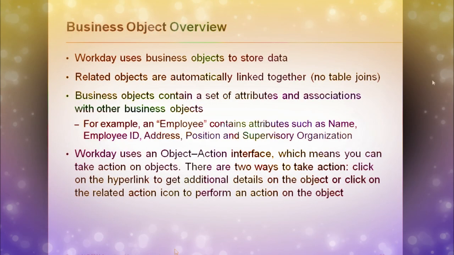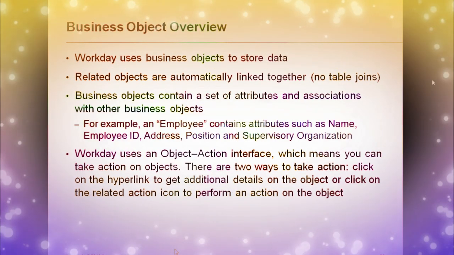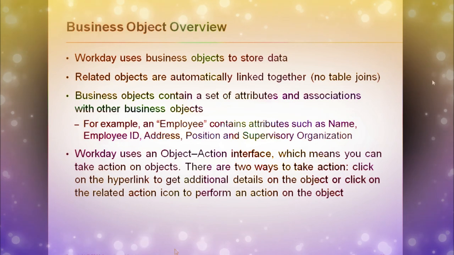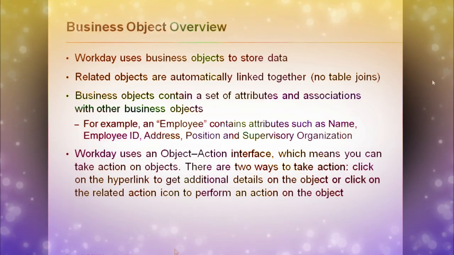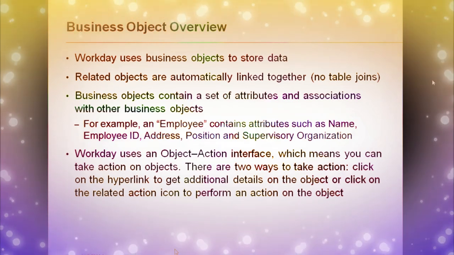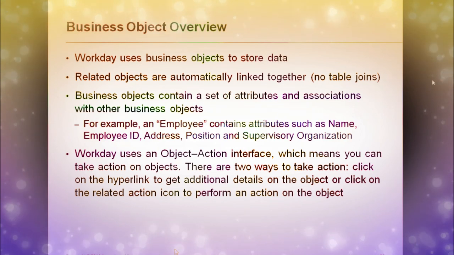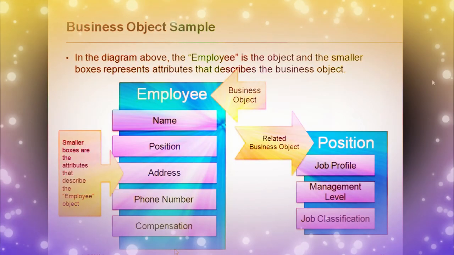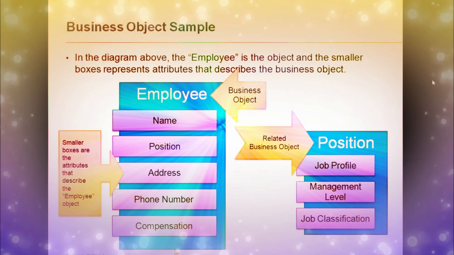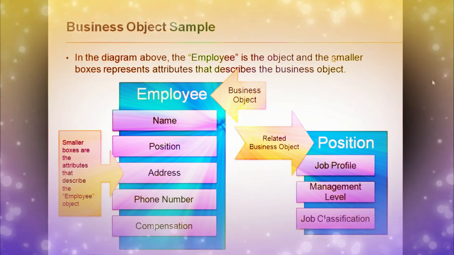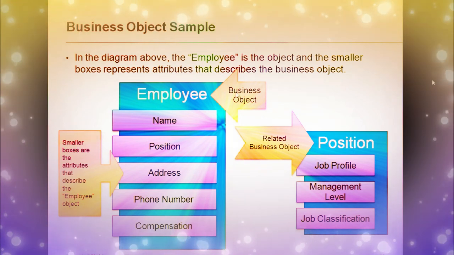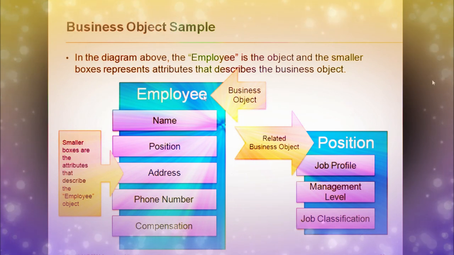Okay, so business object overview. What is a business object? Before going to the overview, I want you all to look at this one, because the picture speaks more than words. The example given is the business object Employee.